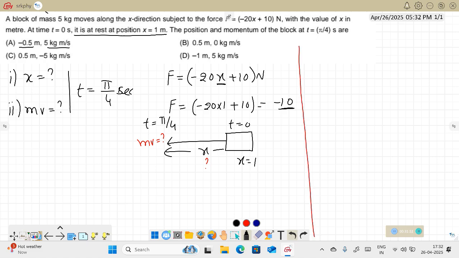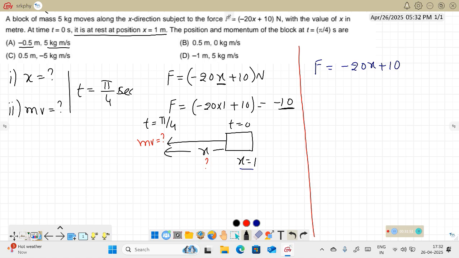So to solve this, first take the force formula, because they have given it very clearly: F is equal to minus 20x plus 10 in newtons, and here the position is x equal to 1.